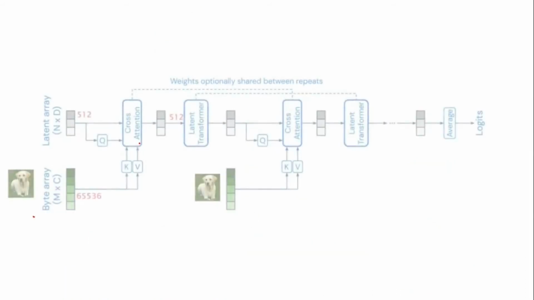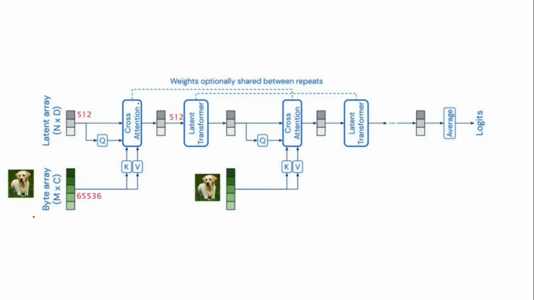Now, the logic of this cross attention has been applied to the input sequences of the Perceiver, where, as we have seen, we have created a latent array space which provides the query values, and its size is n into d, where n is less than m. If the byte array, for example an image, is of size m into c.